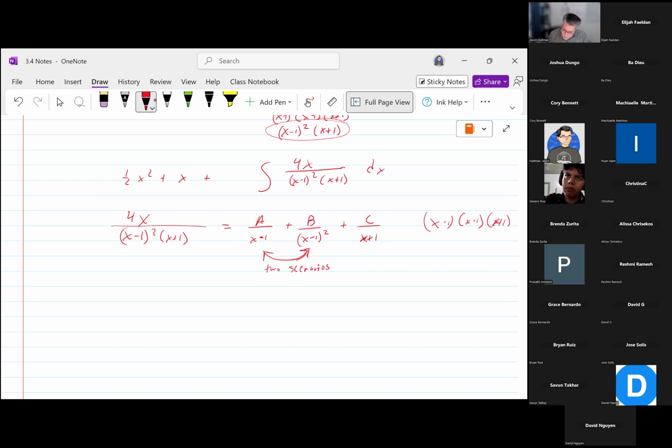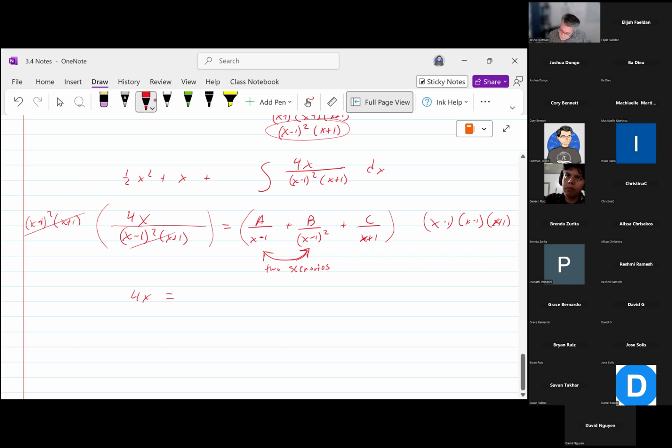Okay, so now what we're going to do is multiply through by the denominators. We're going to cancel out these denominators here. If I multiply everything through by the denominator, which is x minus 1 squared times x plus 1, I will cancel out and leave the 4x on one side.